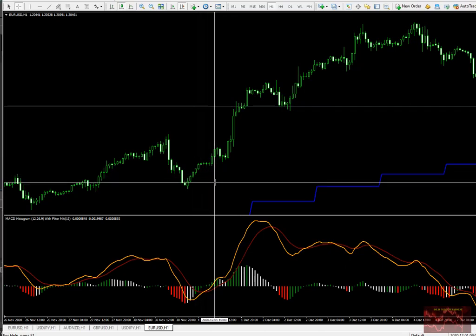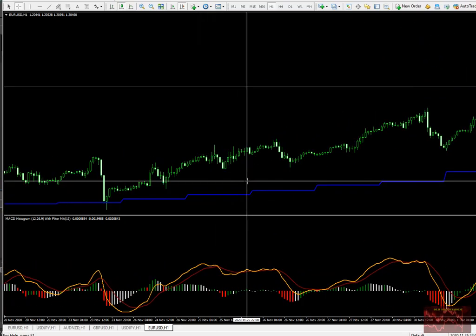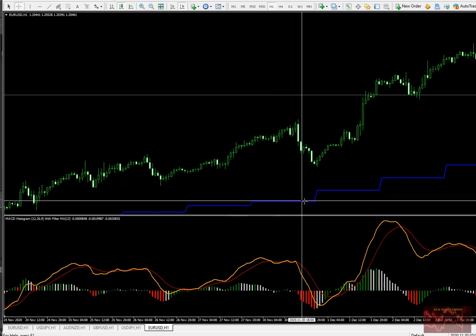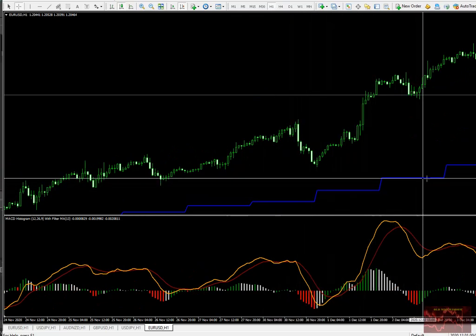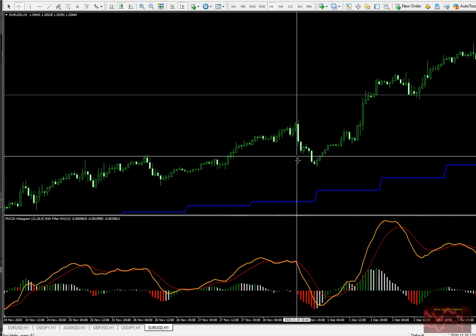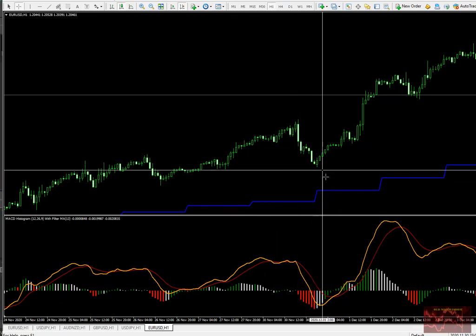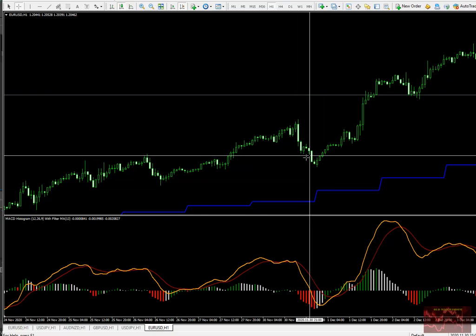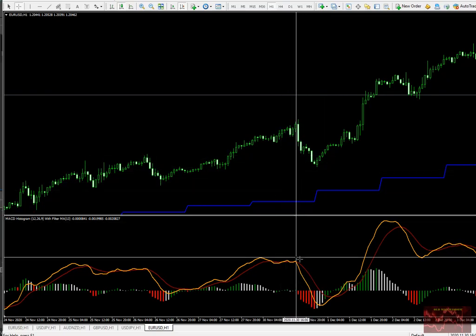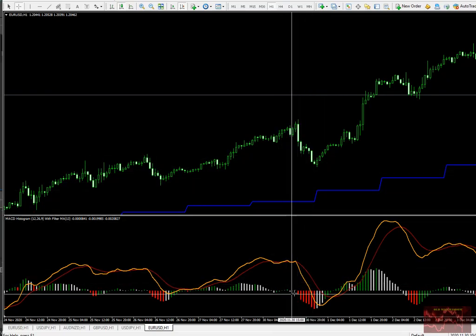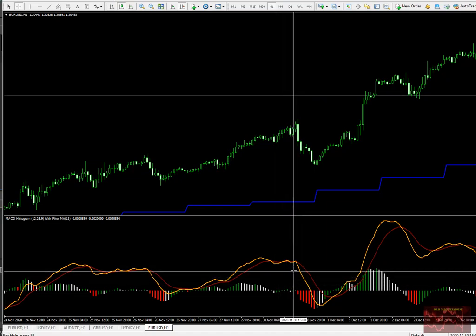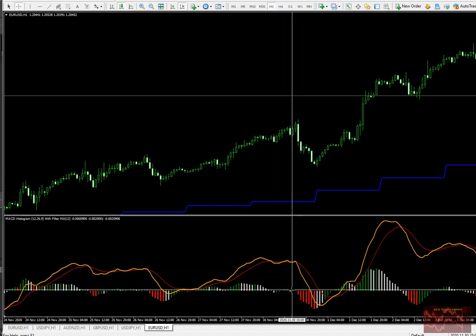Now the way to trade it would be that here's the 1 day moving average, and you'll notice that price is above the moving average. So what we would do is look down here to the MACD histogram, and we want it to be below the zero line.